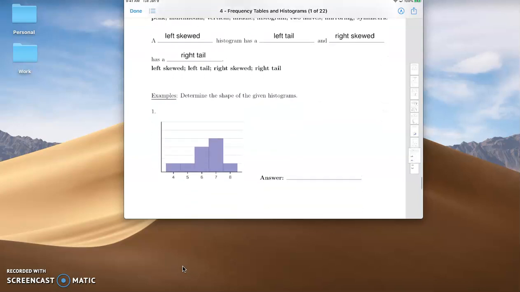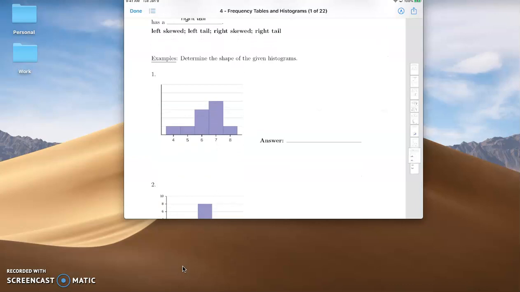All right, so let's go through some examples. Determine the shape of the given histograms. So remember we have symmetric, uniform, unimodal, bimodal, or multimodal. In this case, let's draw a line to check for symmetry. Well, this side is not the same as this side, so it's not symmetric.